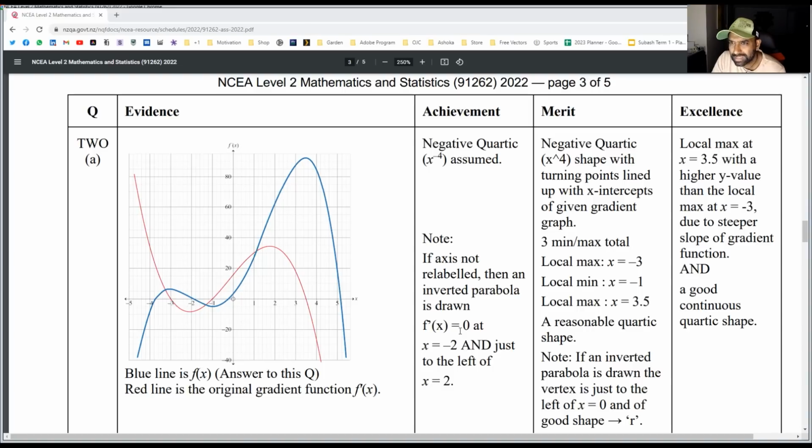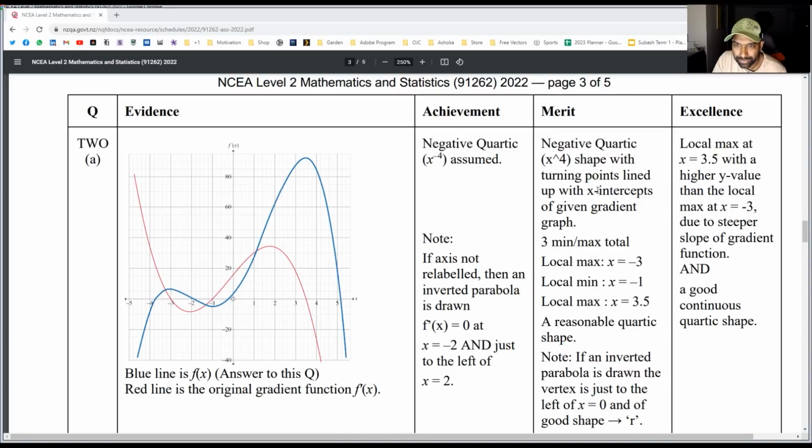So this is basically looking at the question and going, oh yeah, I saw it wrong, and I decided to put a parabola because I drew the derivative of it. I think they give it to you up to merit as well, which is pretty kind of them, because I have a feeling a lot of kids would have got that question wrong, and I'm guessing they probably would have changed the schedule a little bit. That's why these extra 2 little notes are there.